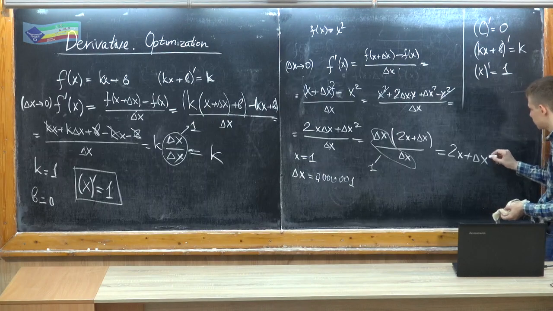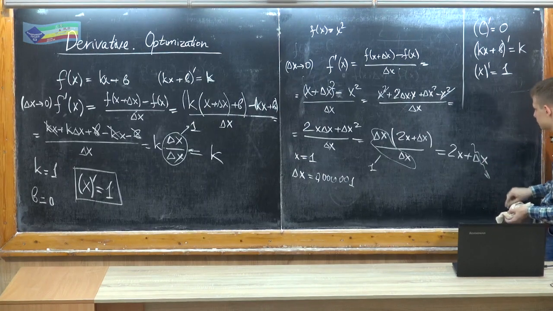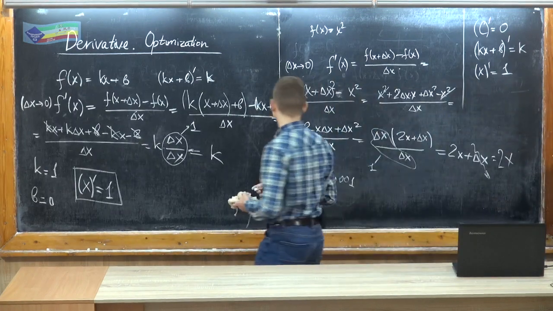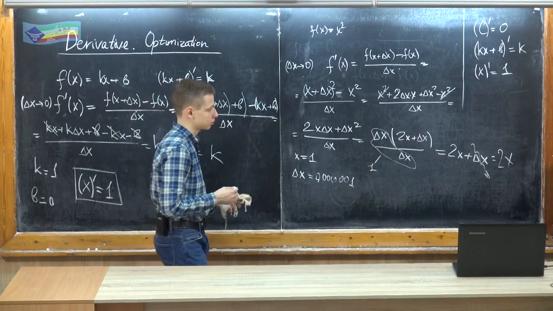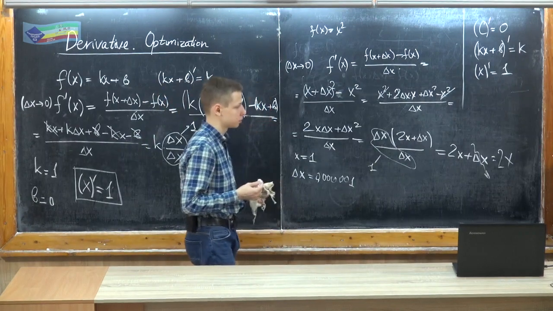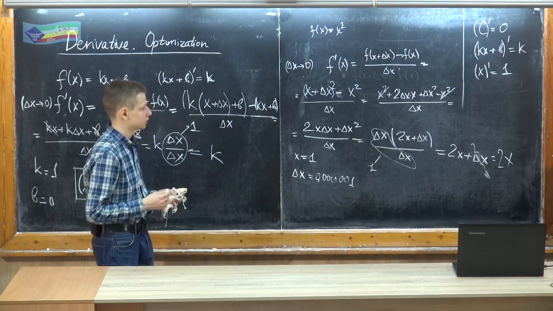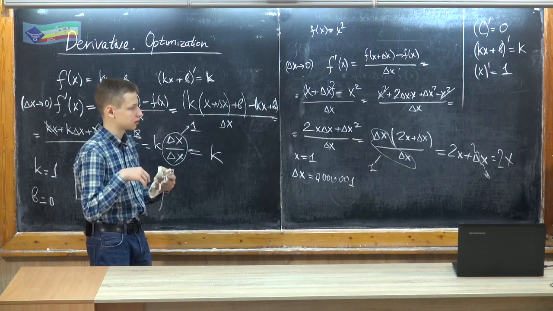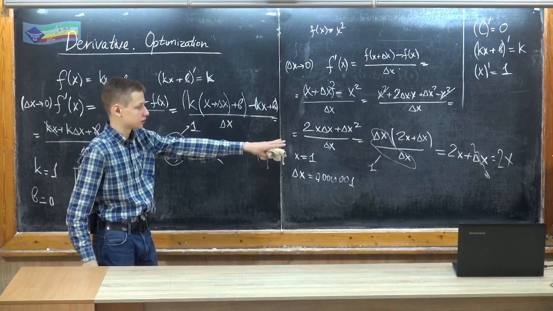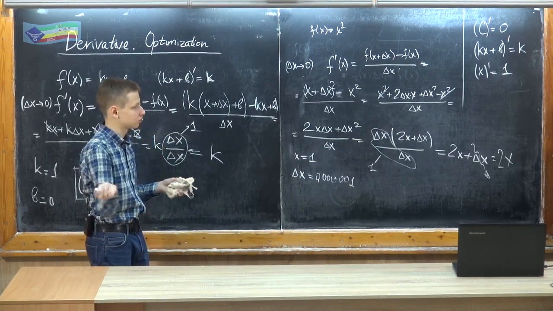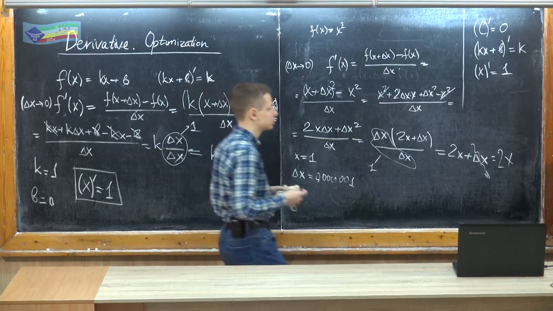So that means that delta x can be cancelled. We just get 2x. So right now I demonstrated a very important fact that our delta x can be considered as a very, very small number, and if we get this case, then we can just get rid of it and forget about it.